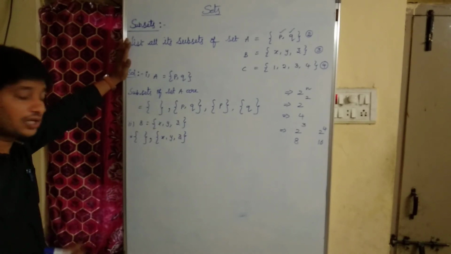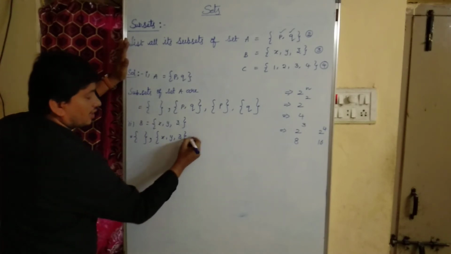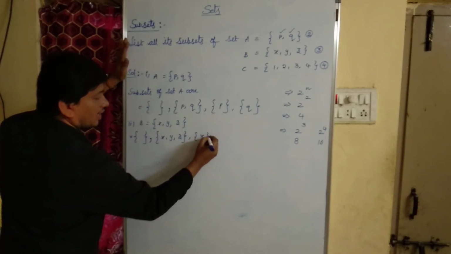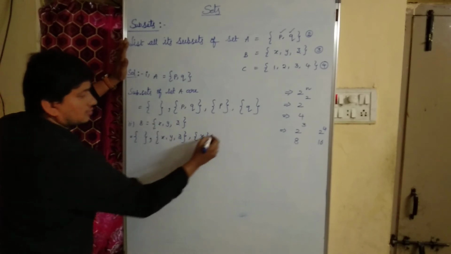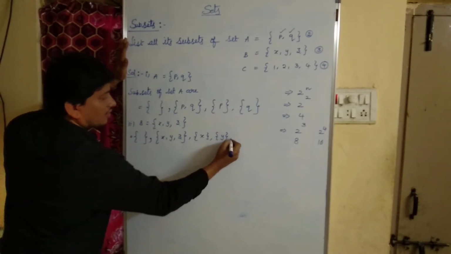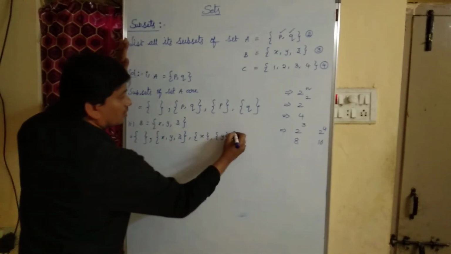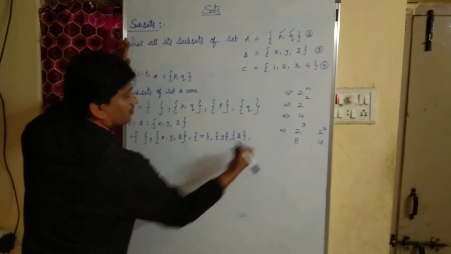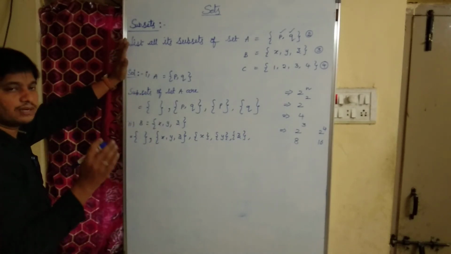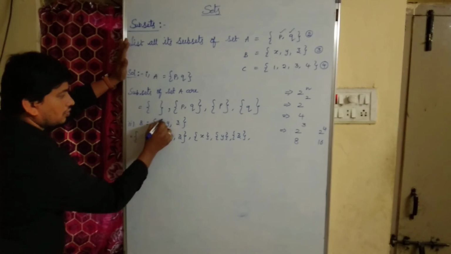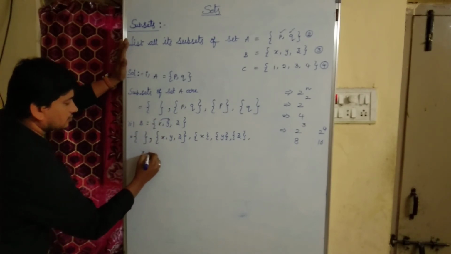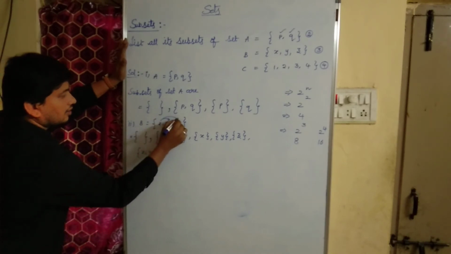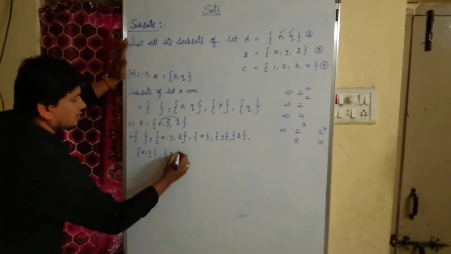Every set is a subset of itself, and then individual elements x, then y, then z, individually one element over. Now coming to xy, and then xz.